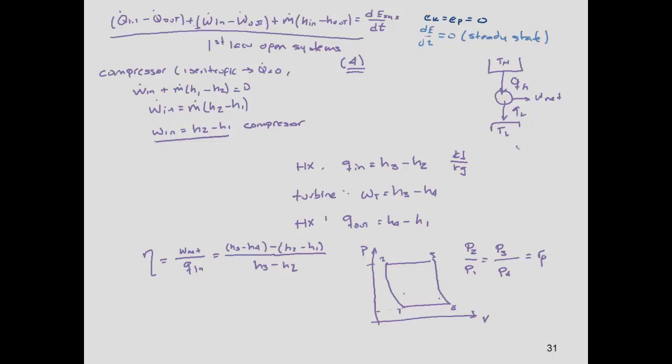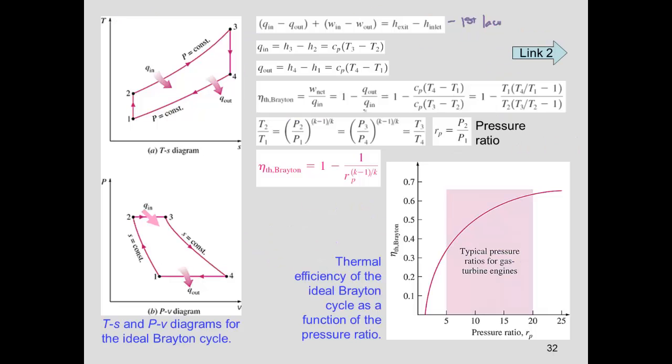So the first law. So we can change this by the difference. And once we manipulate algebraically and recall that this is the pressure ratio, we can get to this number.